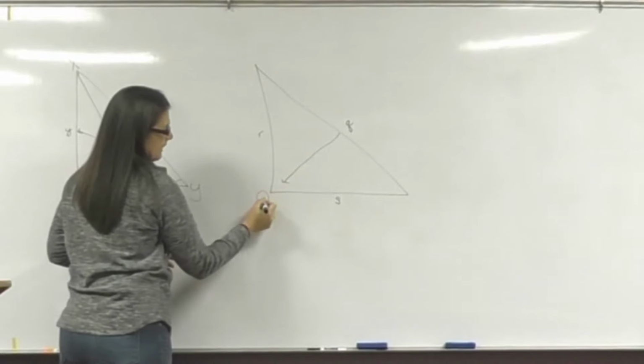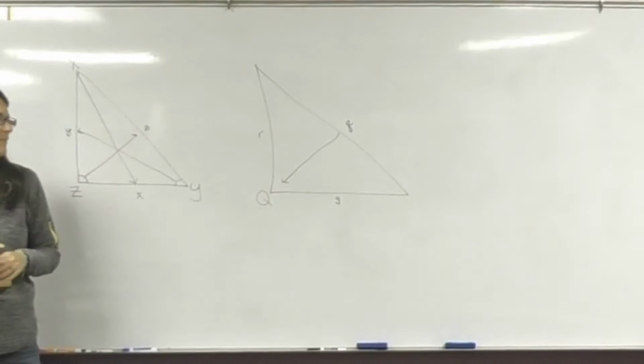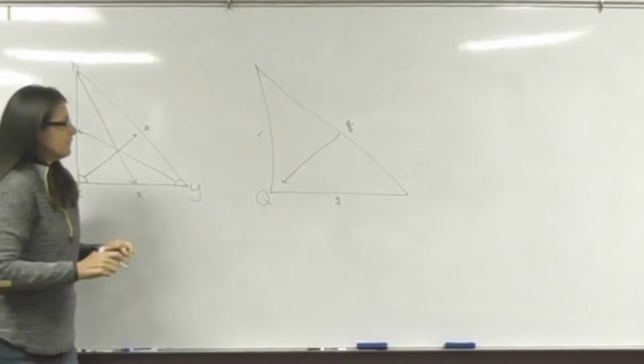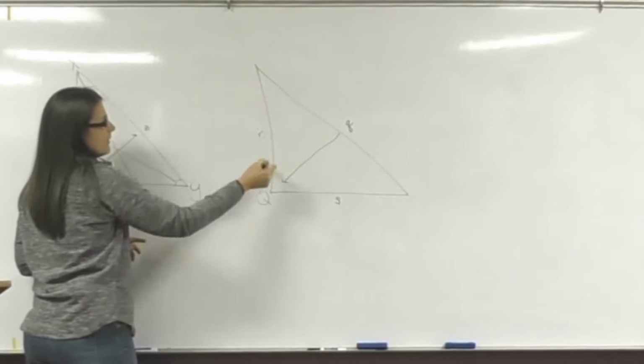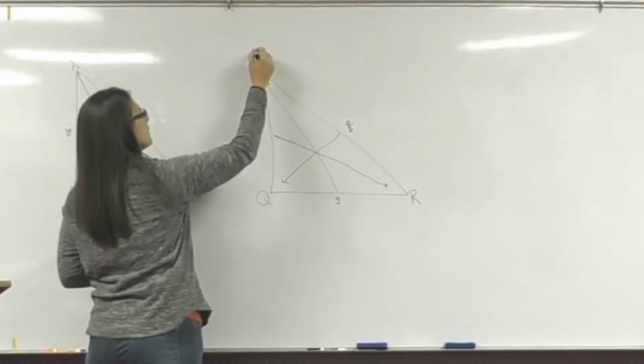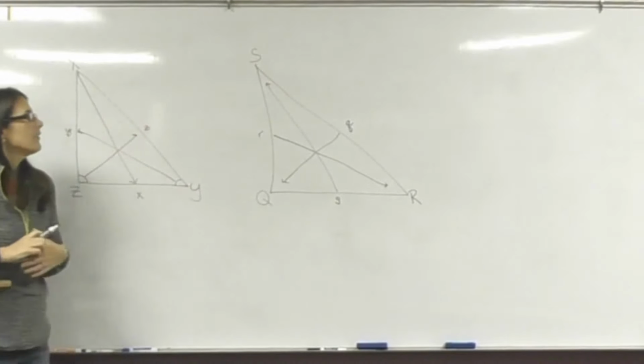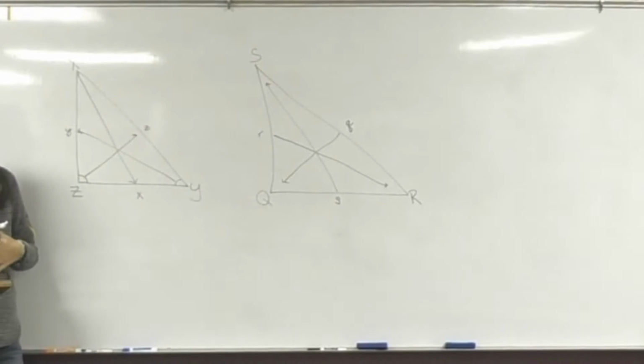So this would be angle Q. Then this side right here is R. So I'm going to go across to the angle that's opposite it, that vertex right there, is named R with a capital letter. And then lastly, here side S, go to the angle that's opposite it, that is with a capital S.